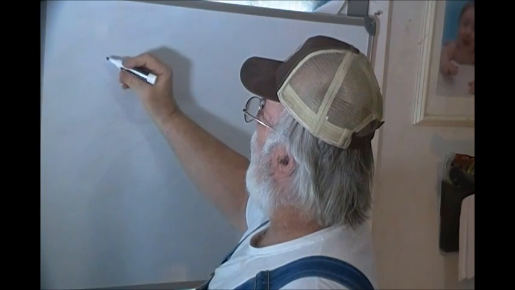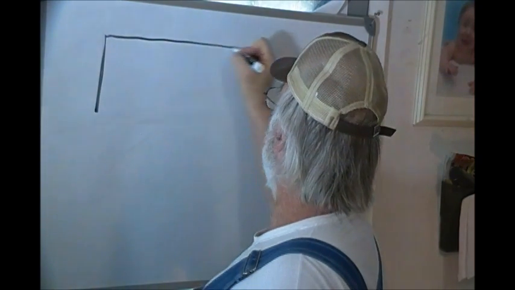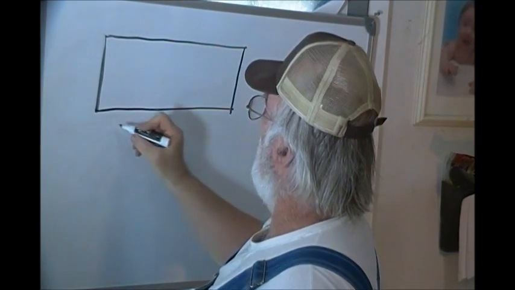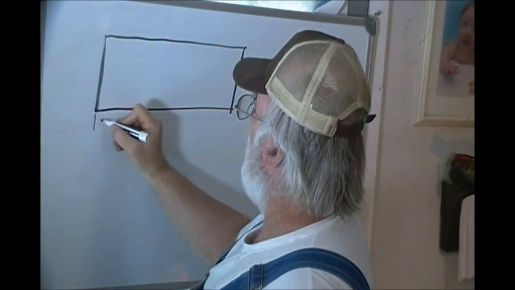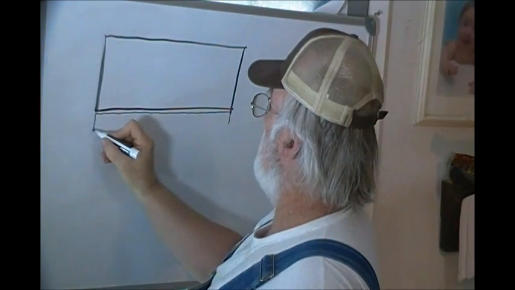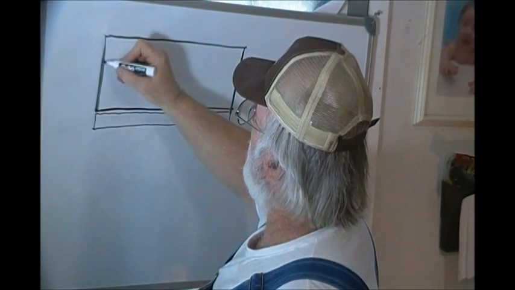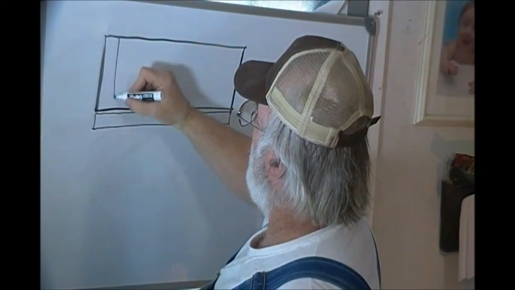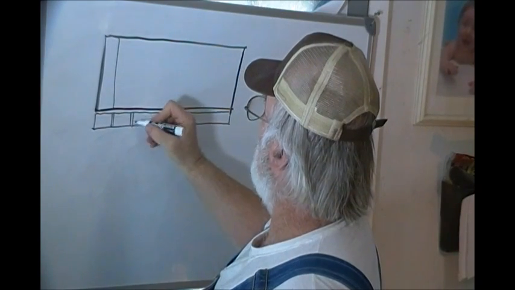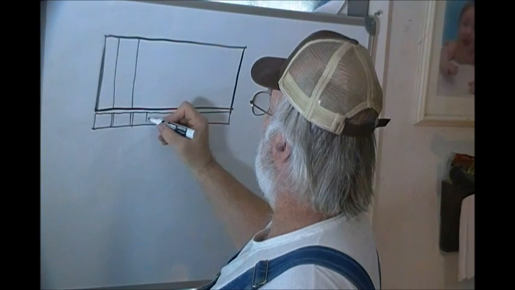When you do your wall, you want that wall to sit on that floor, and you want them wall studs to sit directly over your floor joist. Okay? Directly over them.